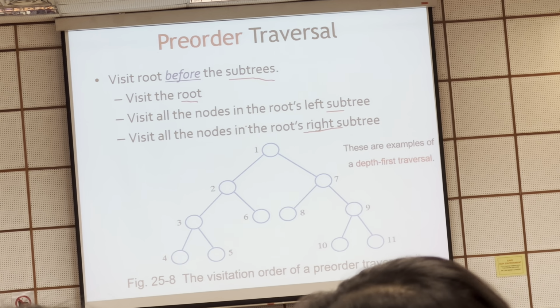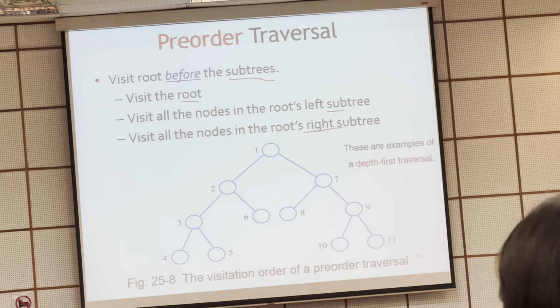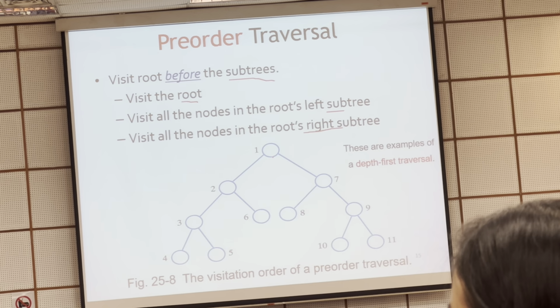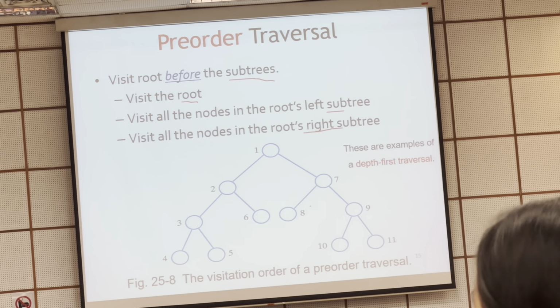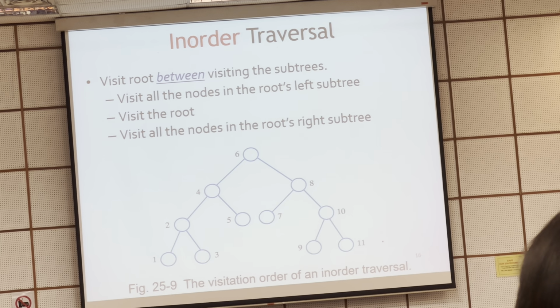Process the root there. Now let's take a look at the diagram here. Pre-order, access this first. 1, 2, 3, 4, 5, 6. Come back up. 7, 8, 9, 10, 11.